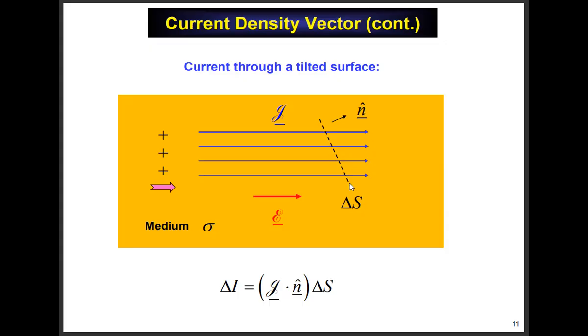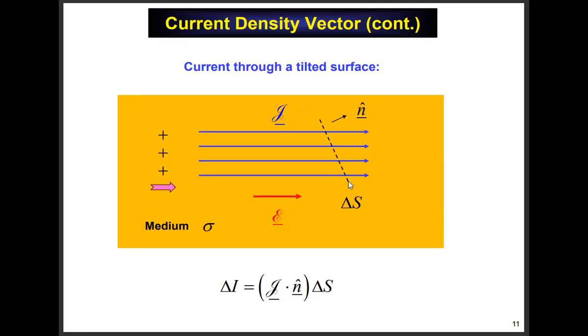Now, the velocity component that's parallel to the surface you can interpret as corresponding to protons that would just slide along the surface, right? Protons sliding along the surface are not going to cross, right? So that component of the velocity vector or the J vector contributes nothing to the current crossing the surface.